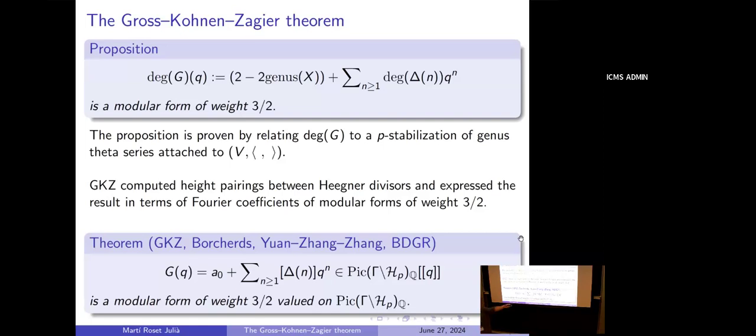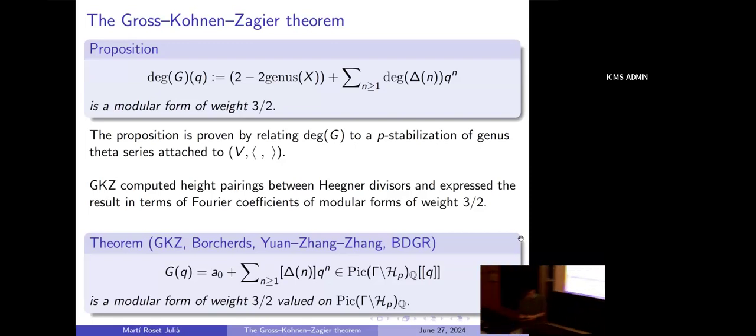And what this means is that if you take any functional from the Picard group to Q, and you apply this functional to each of the coefficients, then you will get honest q-expansions where the coefficients are numbers, and the claim is that this is the q-expansion of a modular form of weight 3/2. And you can see that as an example of functional, we can apply the degree map. So this proposition above gives an example of a functional.